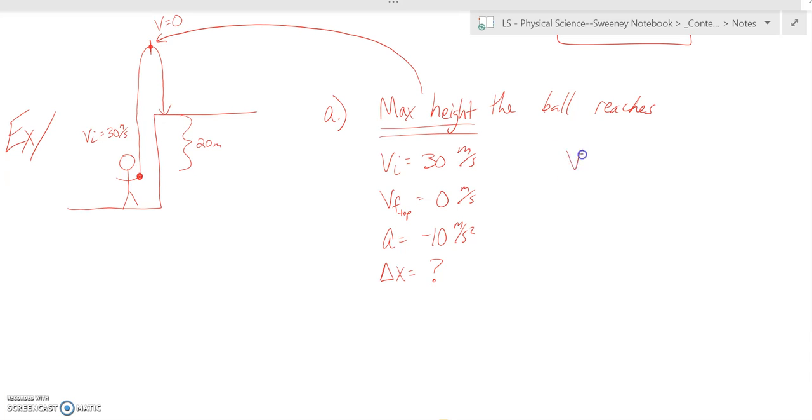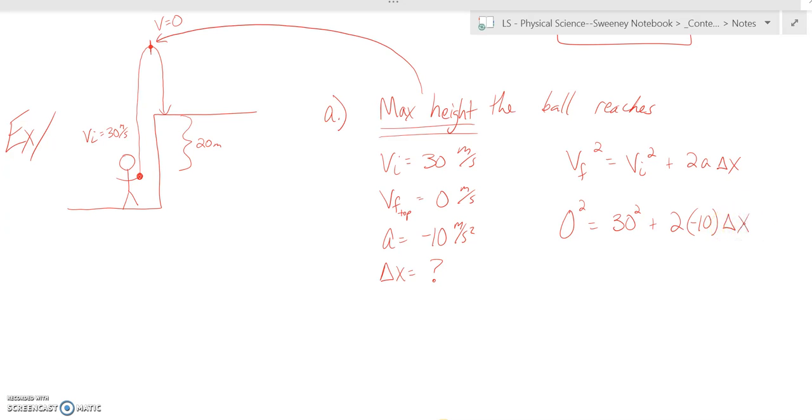So looking for an equation that doesn't have time, we've got vf squared equals vi squared plus 2a delta x. So 0 squared equals 30 squared plus 2 times -10 times delta x.